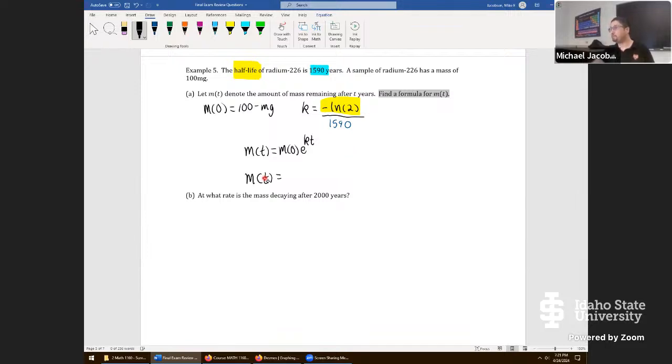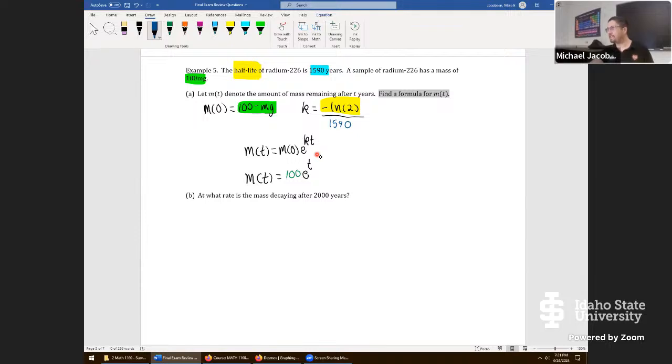Mass at time t in this problem is your initial mass that we saw right here, times e to the power of k, this whole thing multiplied by t. I'll put t out in front and then k in like this. Let's just put the whole thing in blue.